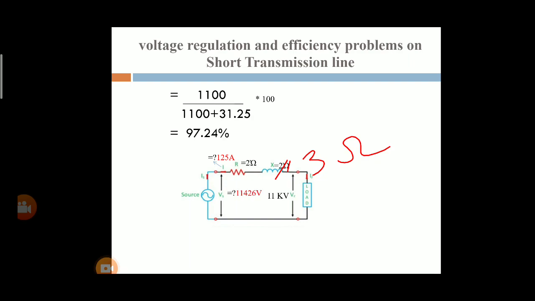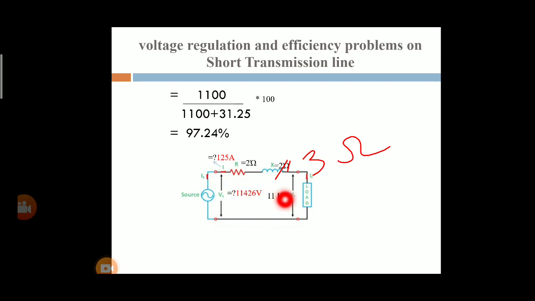Next we write down the sending end voltage, which is also calculated. That value is 11426. By observing the sending end voltage and receiving end voltage, the sending end voltage is more compared to the receiving end voltage, due to the losses from the presence of resistance and reactance in the line.